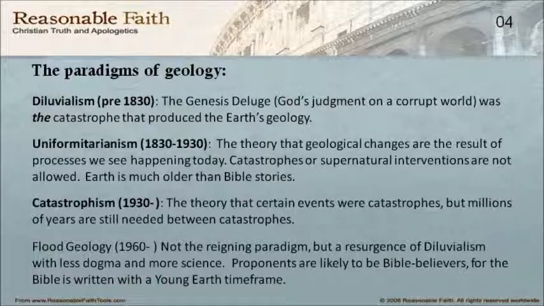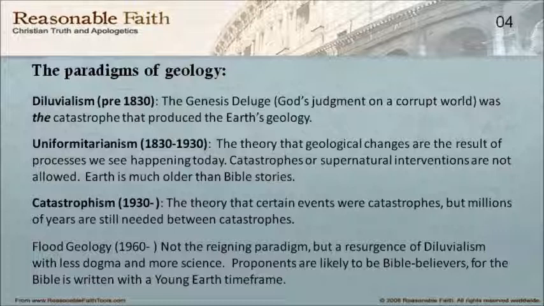Uniformitarianism was the next paradigm to overtake geology from 1830, and it lasted to around 1930. This is the theory that changes in the Earth's crust have resulted from the action of continuous and uniform processes that we see happening today. Uniformitarians require vast eons of time to explain the structure of the Earth's crust, and they oppose the diluvial paradigm.